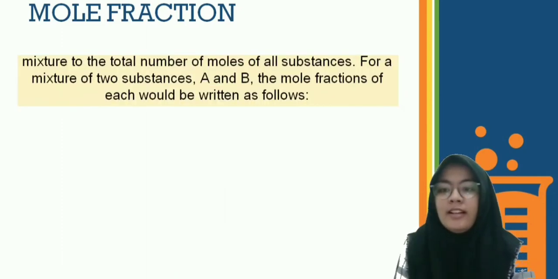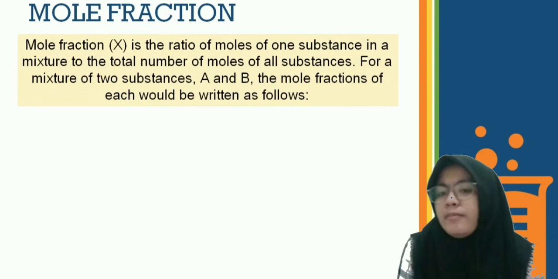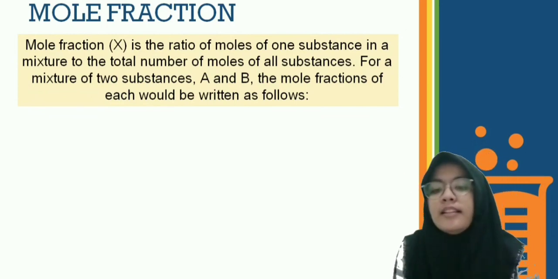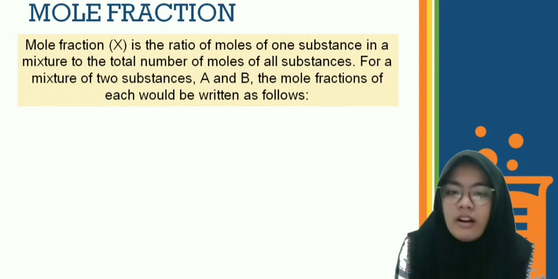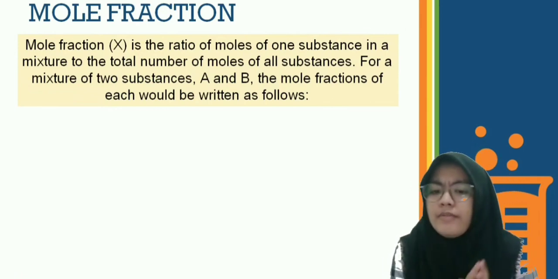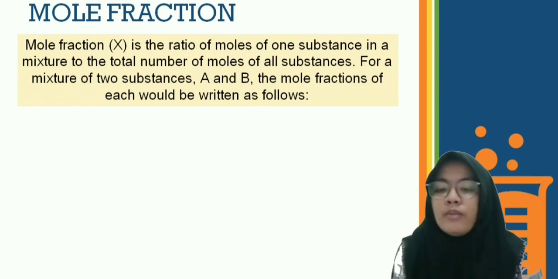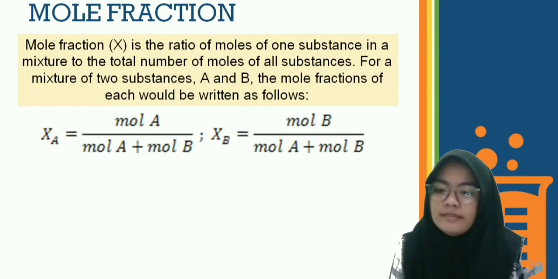Next, mole fraction. Mole fraction is the ratio of the mole of one substance in the mixture to the total number of moles of all substances. For a mixture of two substances, A and B, the mole fraction of each would be written as follows.